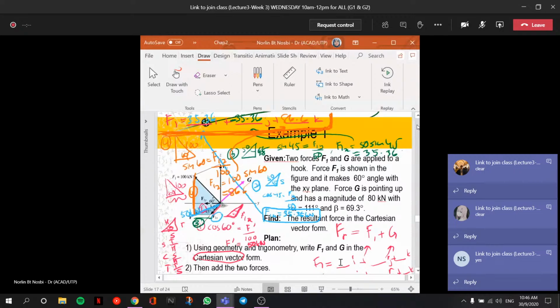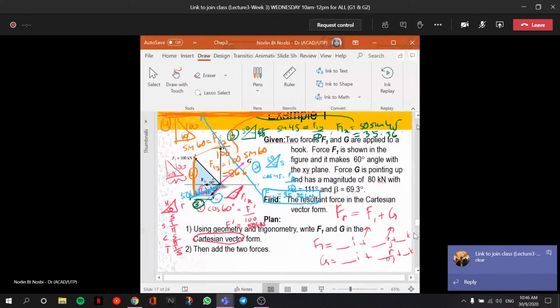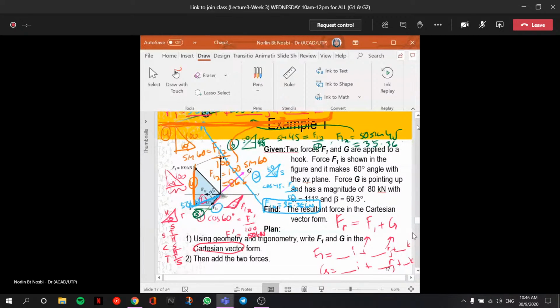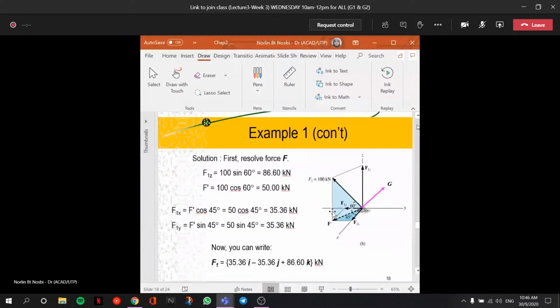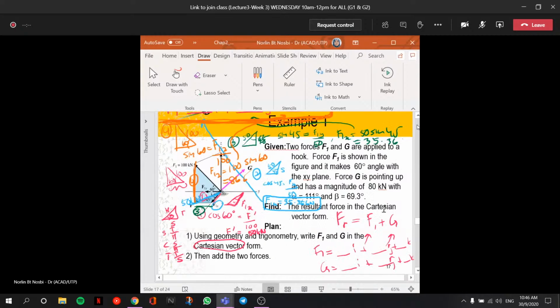Okay, this one, the same thing what I showed you. I need to find the coordinate for F1 first. Now we need to find the position G. Okay, how do we want to find it? Okay, let me clear the screen first. Hold on.